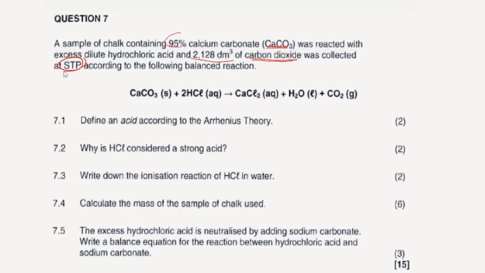The minute we see this keyword STP, we now know that the formula that we have to apply here is n equals V over Vm, right? Then we are given the following balanced equation, so there will be no need for us to balance this. It's already balanced for us.